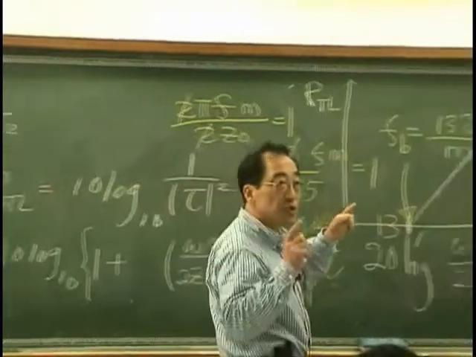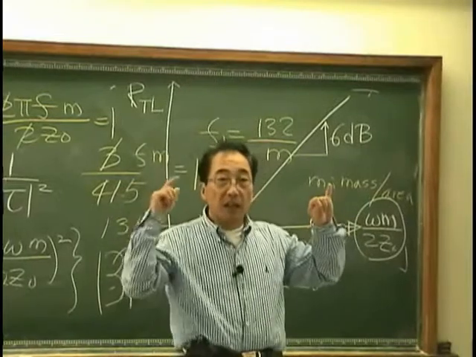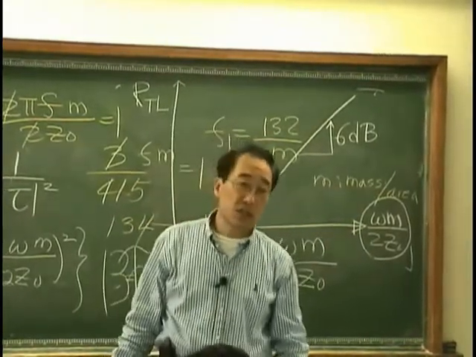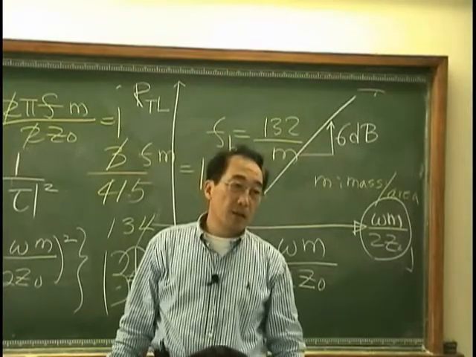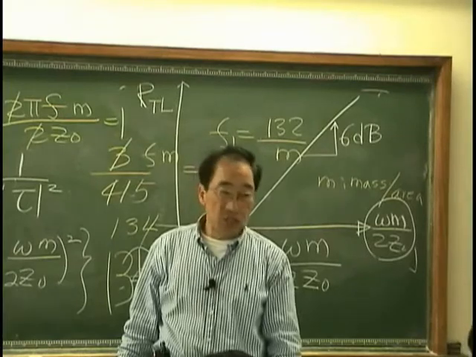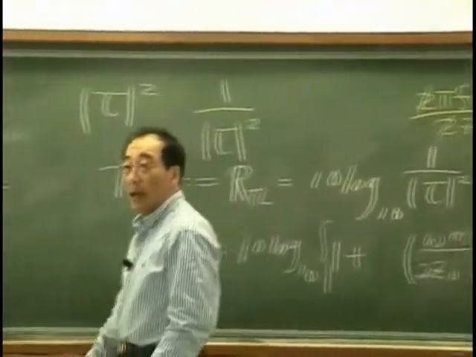Therefore, if I use that as an input wall to control sound, then the sound will be cut by at least 36 dB. Therefore, the sound I will get is 100 minus 36 dB. That is 64 dB down.